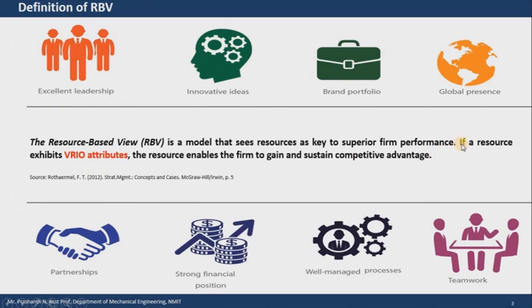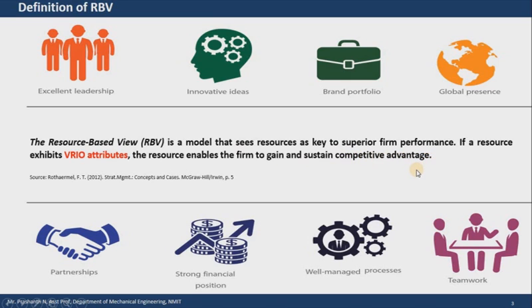So this is applicable provided the resource exhibits VRIO attributes. So what are these VRIO attributes? I'll come to that in a moment. If the resource exhibits VRIO attributes, the resource enables the firm to gain and sustain competitive advantage.